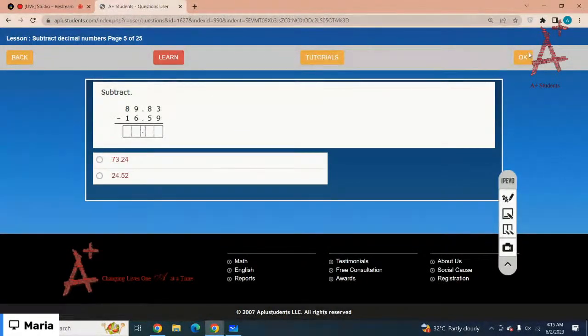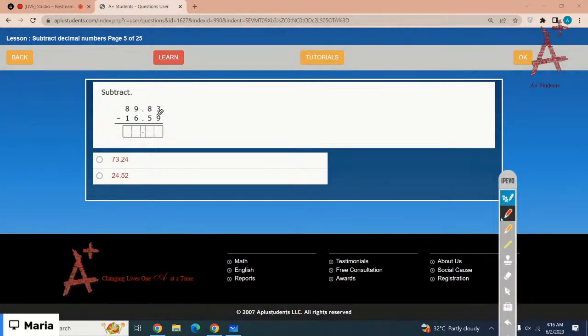Okay, you have to subtract 89.83 take away 16.59. You have to start from the rightmost digit. So you have to do 3 take away 9, but you can't.